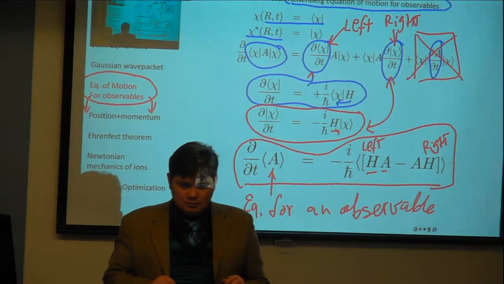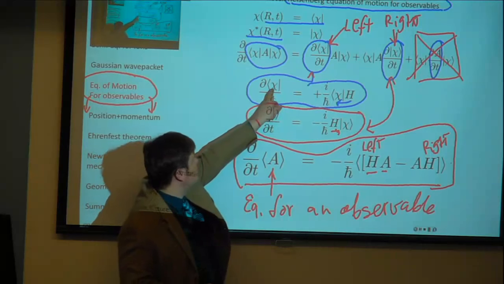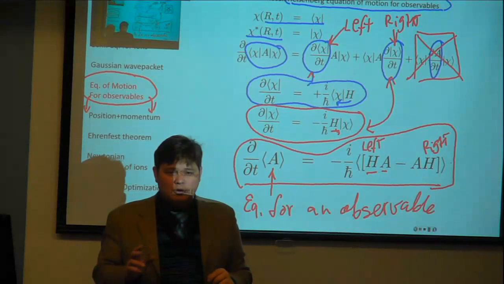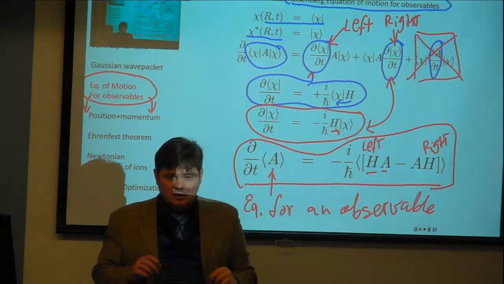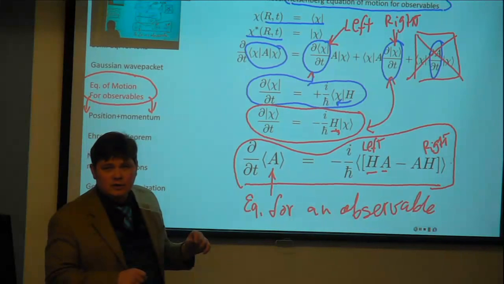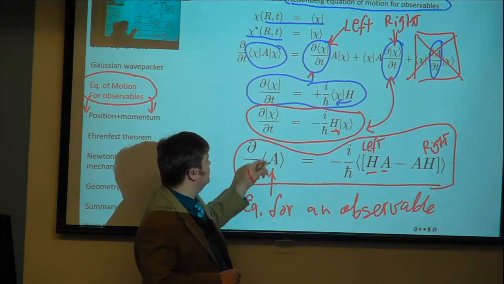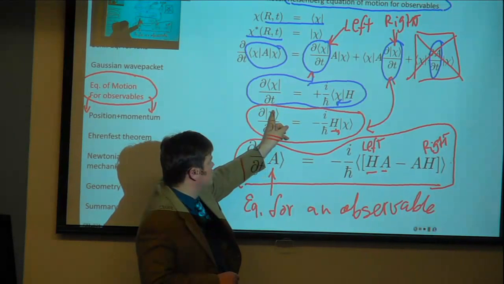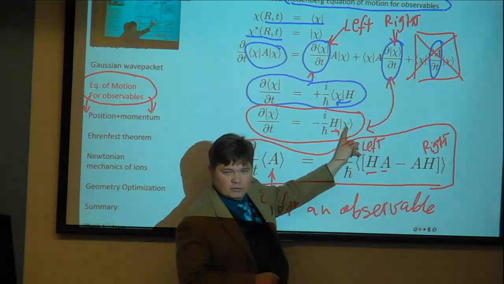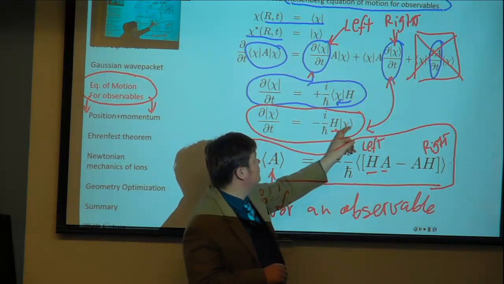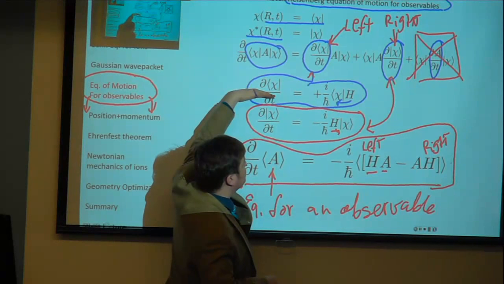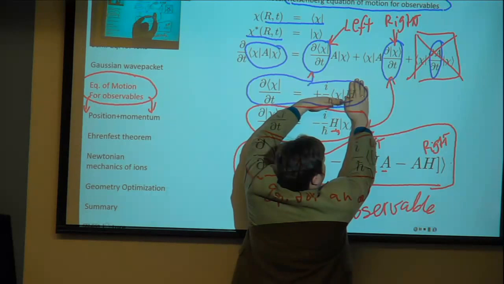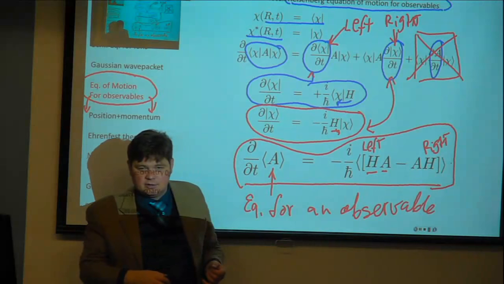And left and right, this is an abbreviation for the wave function and the wave function conjugate, with and without star, as a row and column, if you speak in the language of linear algebra, row and column vector. If you have the wave function saved as a row, then you need the matrix acting on a row to practice the row by column rule. If your wave function is a column, then you need the column by the matrix, a different order, to practice the row by column rule.